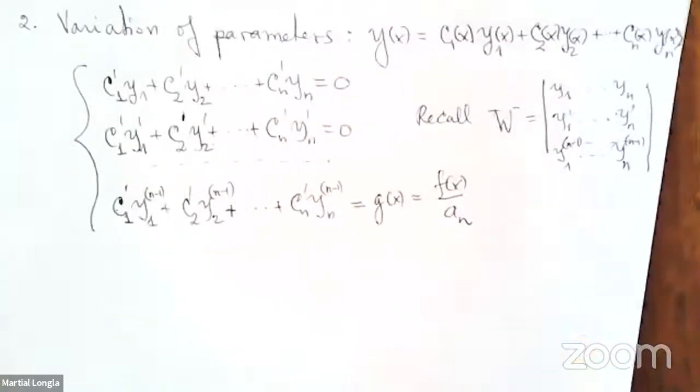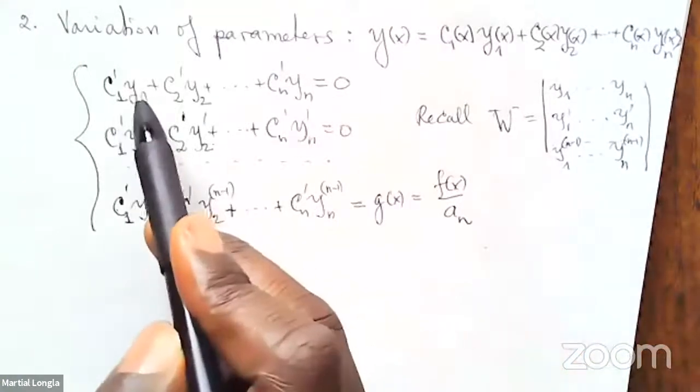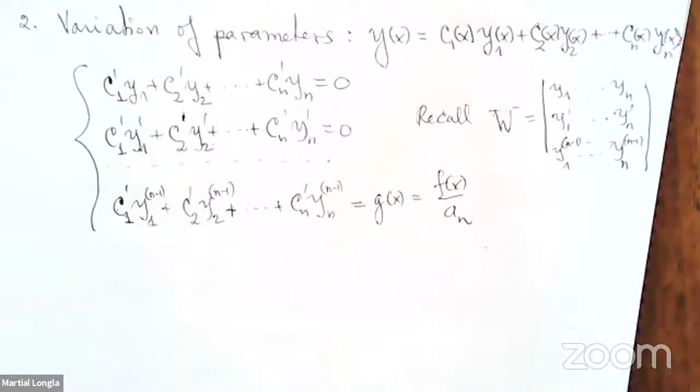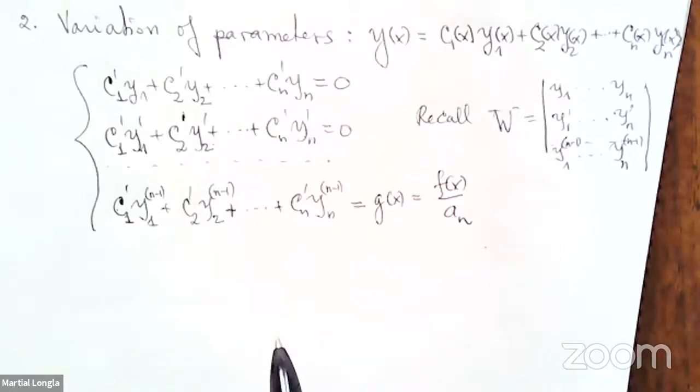This is how we define the Wronskian. So right there, you can see that these coefficients that are standing here are exactly that Wronskian that you have there. And the right-hand side is 0, 0, 0, 0, and then g of x.